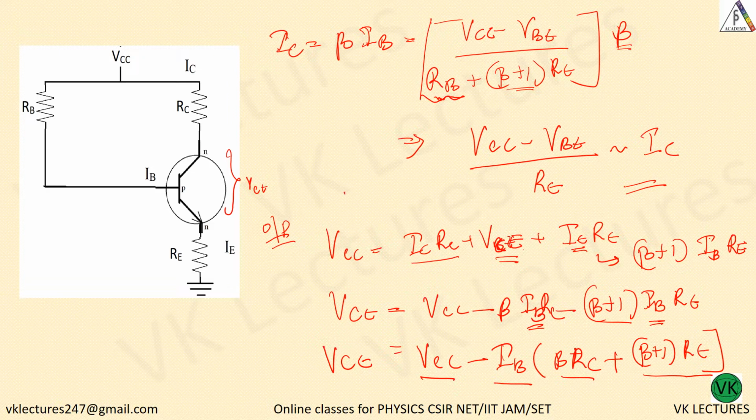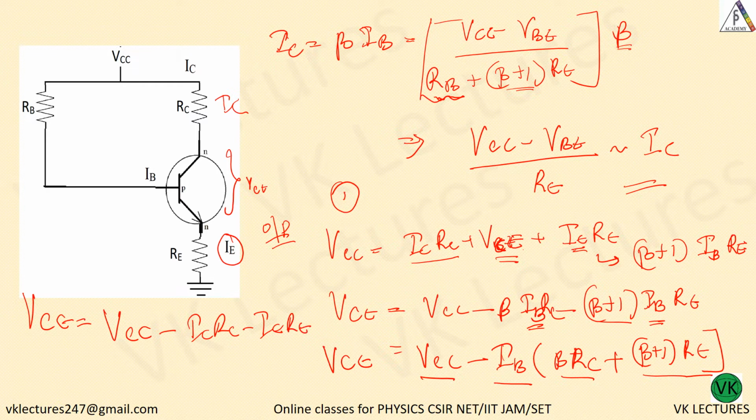So this is one method. One method means one way to do this problem, considering beta. Now another simple way is this: IE and IC are almost similar. Then what will be VCE? VCE equal to VCC minus IC RC minus IE RE, right?